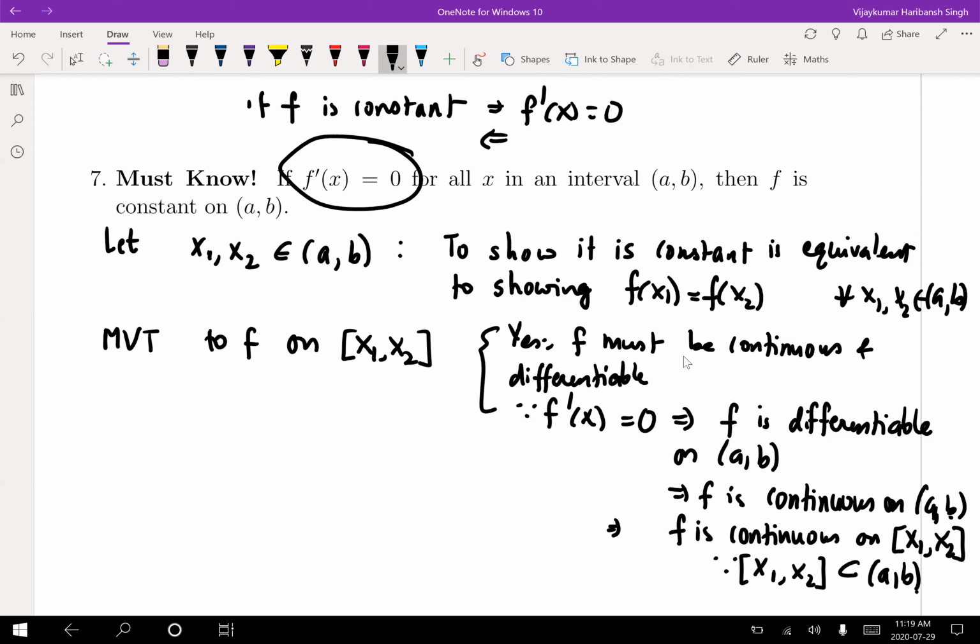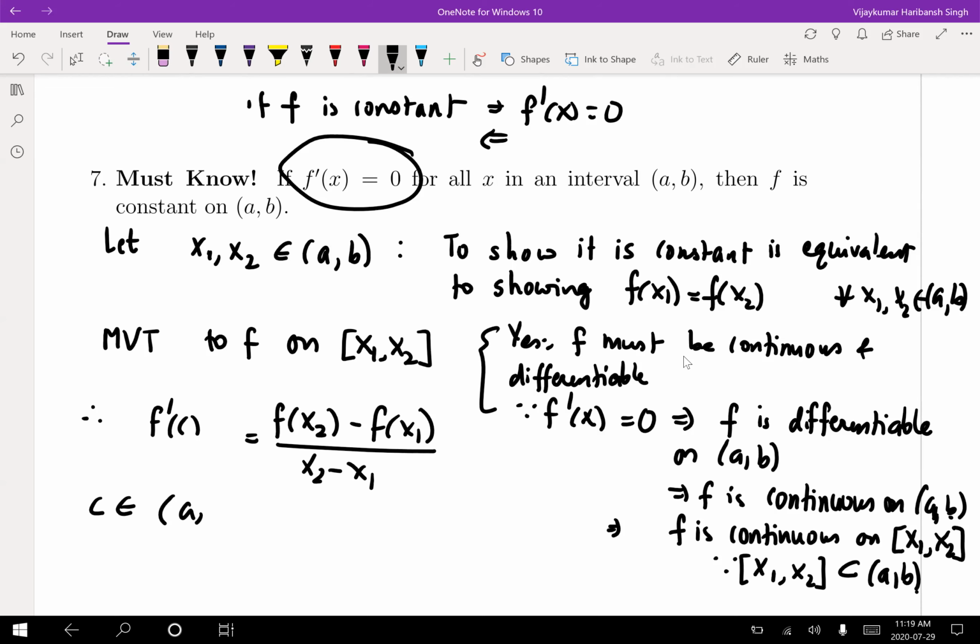Okay, so apply the mean value theorem. Therefore, we have f of x2 minus f of x1 divided by x2 minus x1 equals f prime of c, where c belongs to x1, x2.